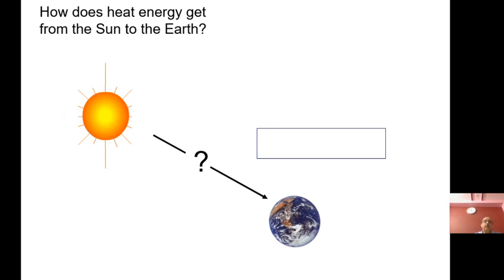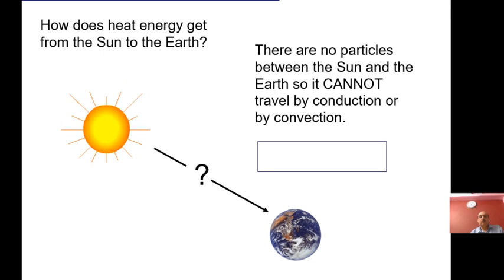Now, what happens here? Here we have an ultimate source of energy, that is the sun. And we are getting energy, the heat, from the sun.